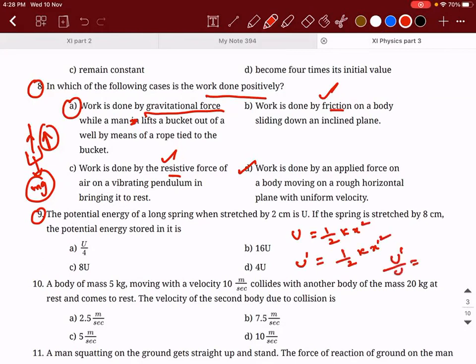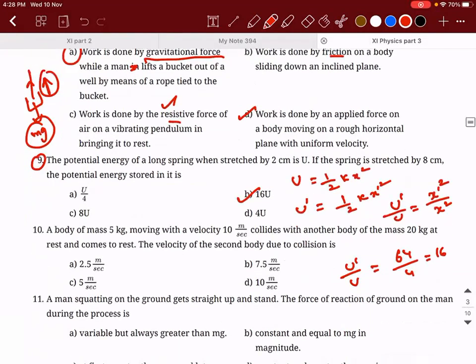So U dash divided by U is equal to x dash square divided by x square. That is 64 divided by 4, it will be 16. So it becomes 16 times U. I hope you're able to understand, right? In these kinds of problems, you keep the constant, just relate the proportionality symbols and then divide.